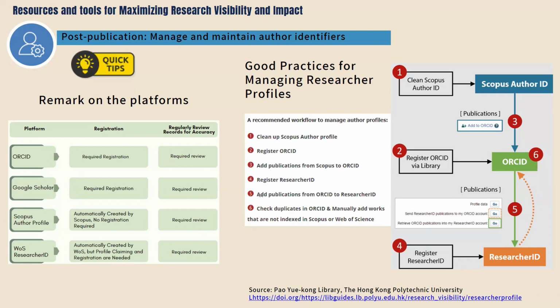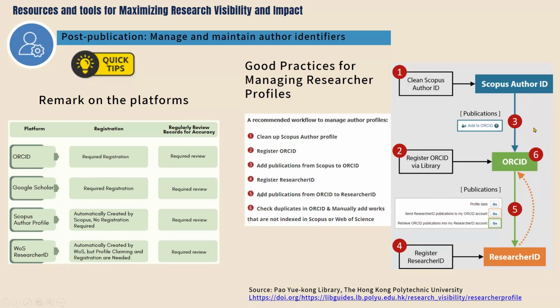Managing multiple researcher profiles effectively is crucial. The PolyU Library recommends the following best practice for managing your research profiles. First, clean up the Scopus author profile, register for ORCID, and then add the publications from Scopus to ORCID.